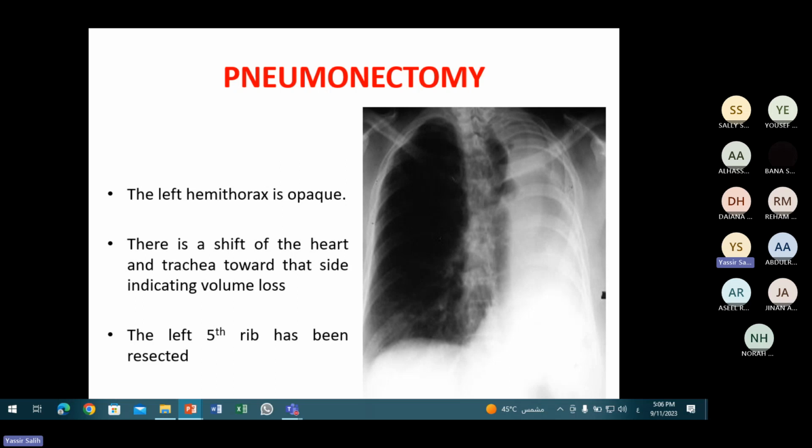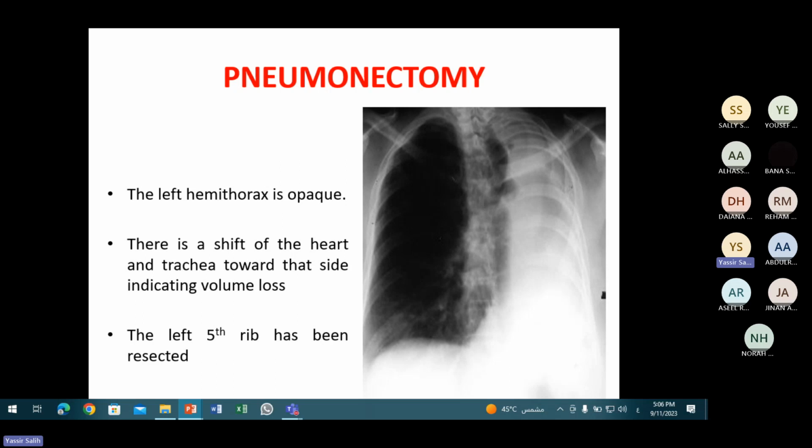And then we discussed the causes of increased density on one side, which is called opacified hemithorax. We discussed how to differentiate between the causes of this abnormality.